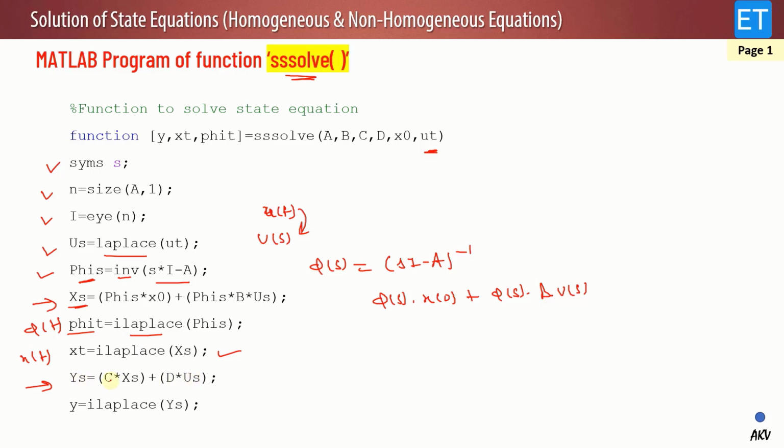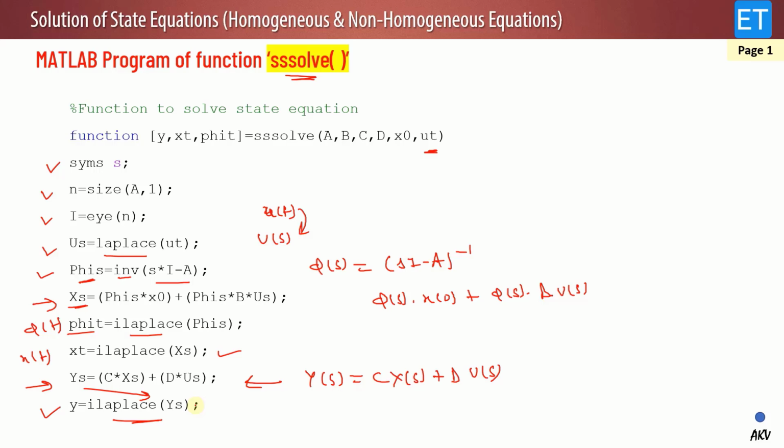This is the Laplace transform of your output equation, Y(s) equal to CX(s) plus DU(s). That is how this equation is written here, and taking the inverse Laplace of Y(s), you get y(t). This is a very simple code in fact, but it is very capable and accurate. So you can solve any state equation with this code.